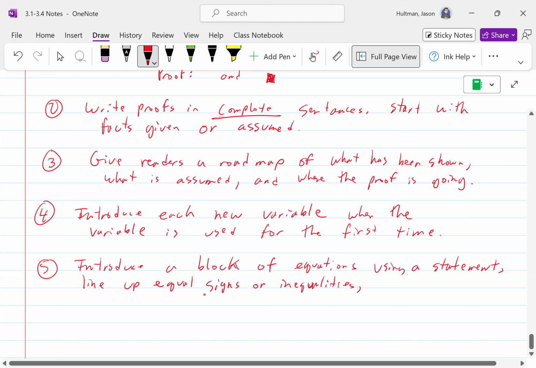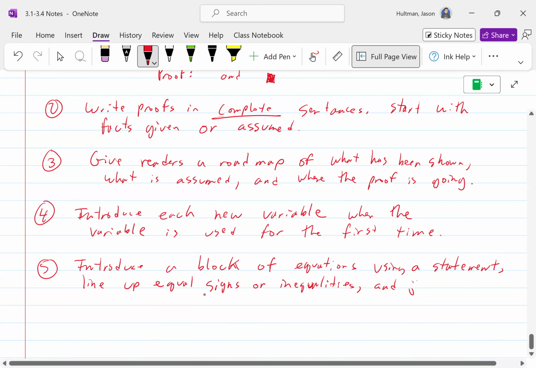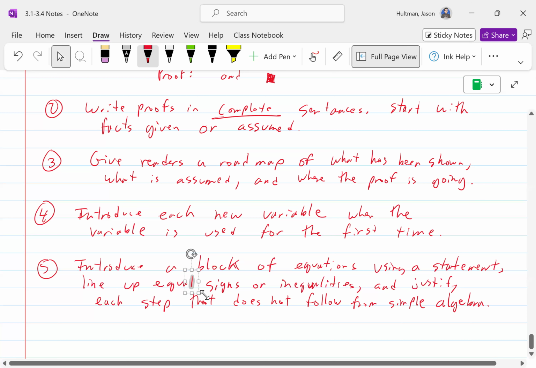If you line up your equal signs or your inequalities, it's very good. Okay, and justify each step. Give yourself a justification for each step that does not follow from simple algebra. Okay. And if you follow these guidelines, you'll be writing proofs like a pro in no time.